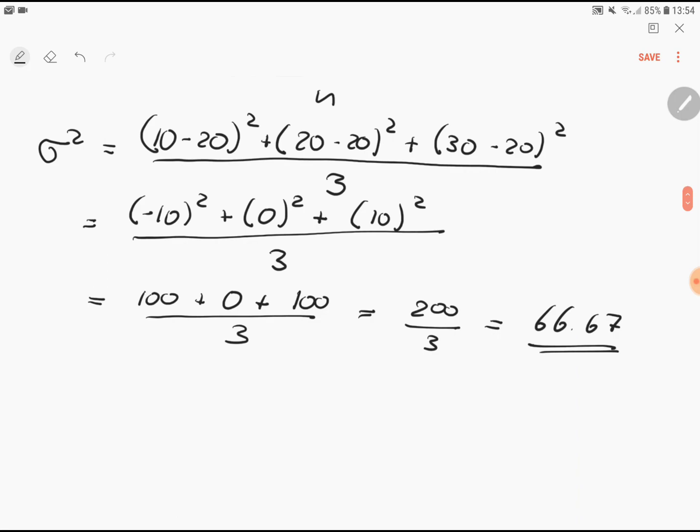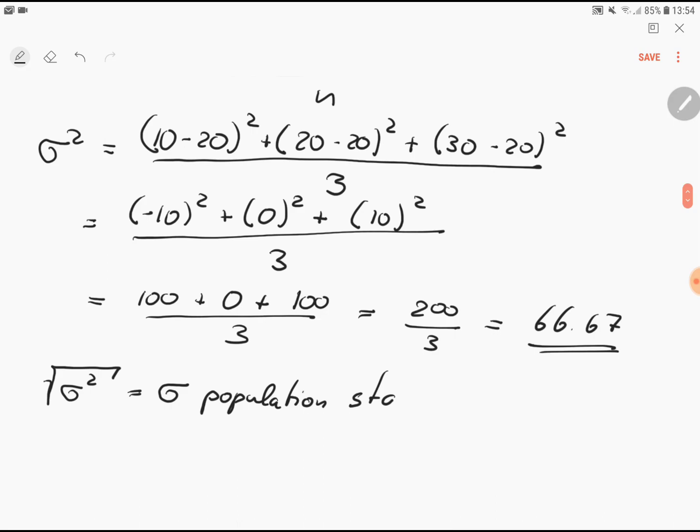But people sometimes don't really like the use of the variance, and what they prefer is actually the square root of the variance. The square root of the variance gives us what is called the population standard deviation.